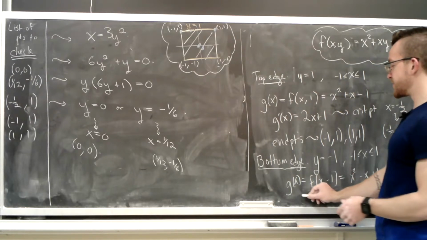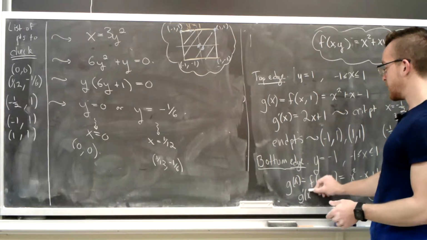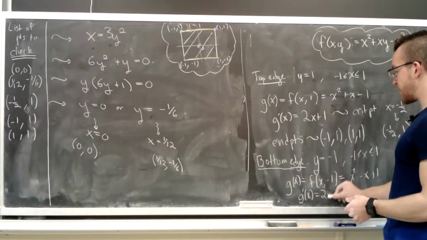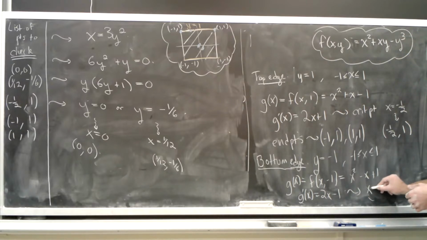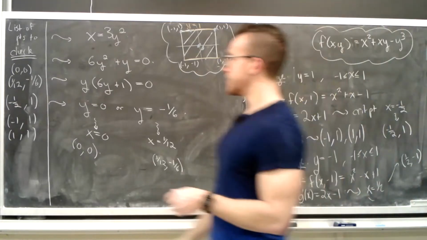Critical points of this are going to occur when the derivative 2x minus 1 is 0. So I have a critical point when x equals 1/2, which generates the point 1/2, -1. Add that to the list.